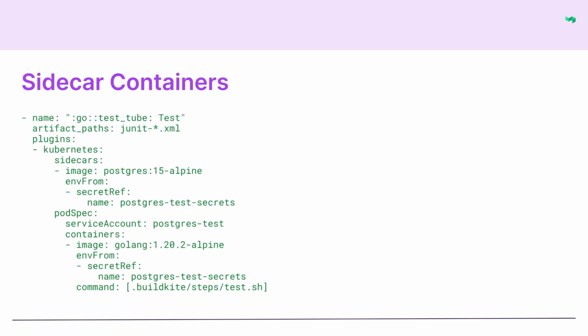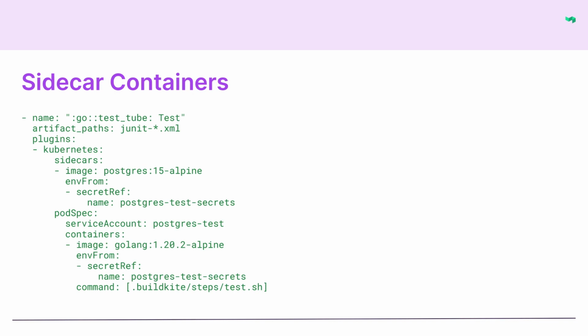So one concept we thought would be handy to add to the usual definition of a Kubernetes job is sidecar containers. Sidecar containers are containers that are running alongside the job, but whose exit status isn't reflected in the Buildkite job's exit status. A prototypical example of this is we've got an integration test with a database sitting off to the side, but it's the exit status of the test container that you actually care about.